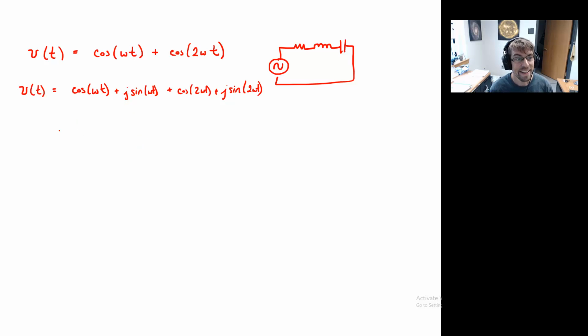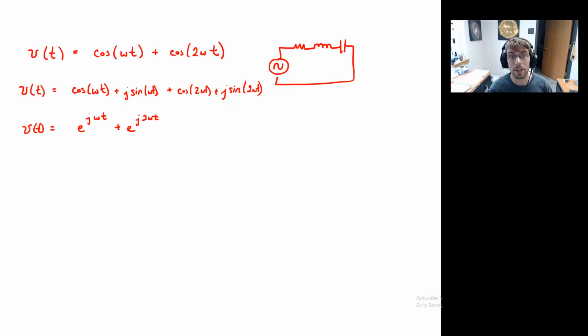Okay? And then by applying Euler's relation, we end up with this expression, which we could have probably jumped to immediately. Good so far?